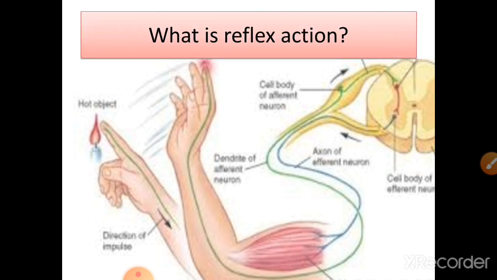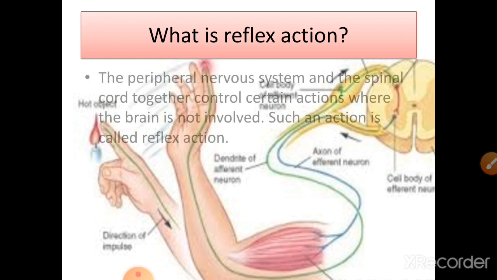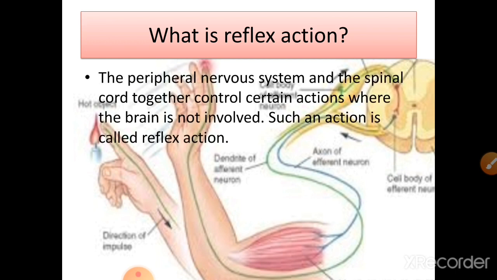What is reflex action? Now this is very interesting. The peripheral nervous system and the spinal cord together control certain actions where the brain is not involved. Such an action is called reflex action. The meaning of this is that when you do certain actions, they happen automatically.